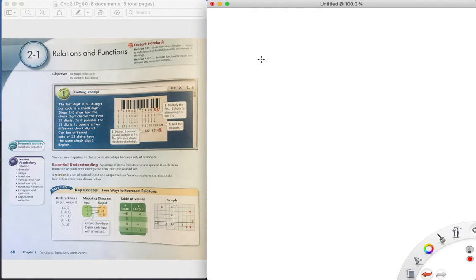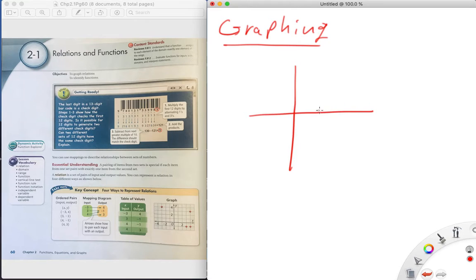And then the other way of doing it is by graphing. Graphing can show a relation as well. I don't feel like graphing right now, but if I was to graph it, I guess I should show the graph. -3 and 4, 3 and -1, 4 and -1, 4 and 3.